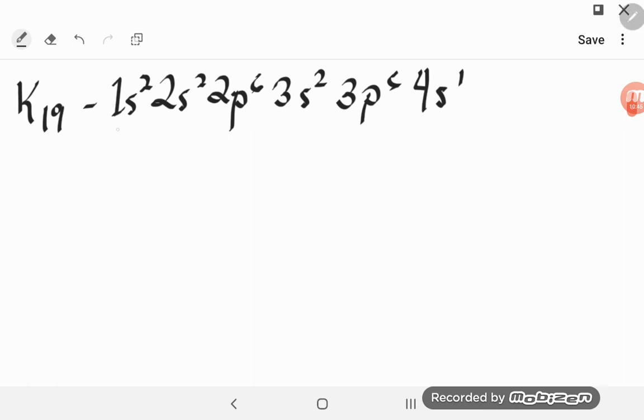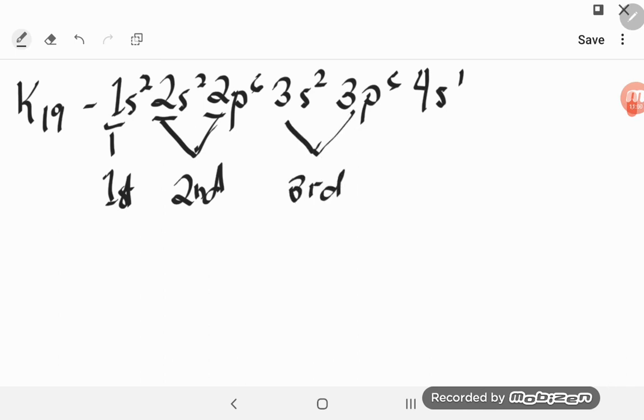We have number 1, meaning we have the first energy level. We have 2, meaning it's in the second energy level. We also have 3, meaning we have the third energy level, and we have the 4, which is the fourth energy level. If we are going to draw the atomic structure of potassium, we have here the nucleus. Let's just write the letter K, which symbolizes the element potassium.